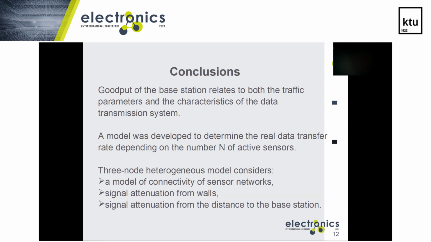A model was developed to determine the real data transfer depending on the number of active sensors in the coverage area of the base station of various networks. The resulting three-node model for calculating the goodput of a heterogeneous network concerns a model of connectivity of sensor networks, and depends on the signal and on the distance to the base station.